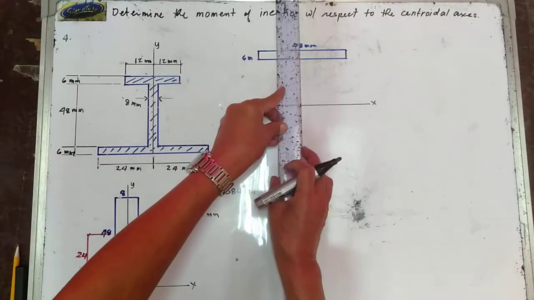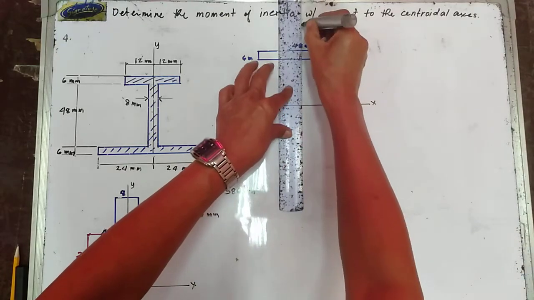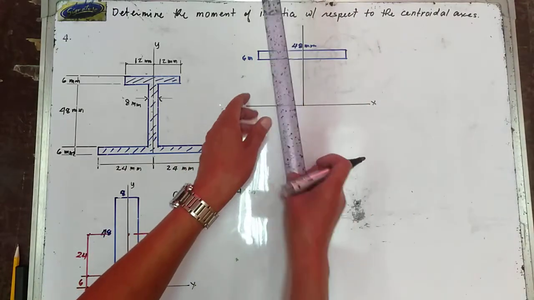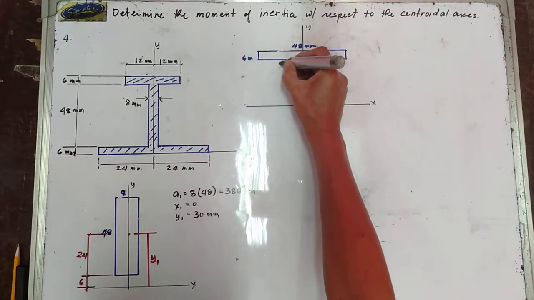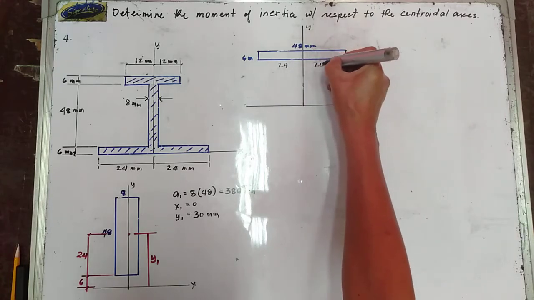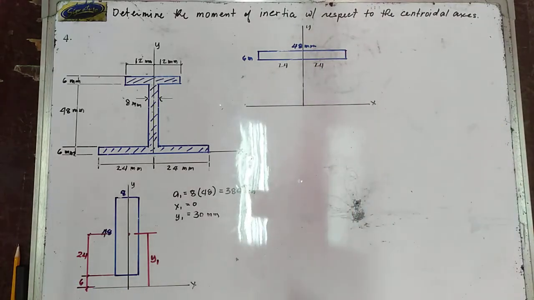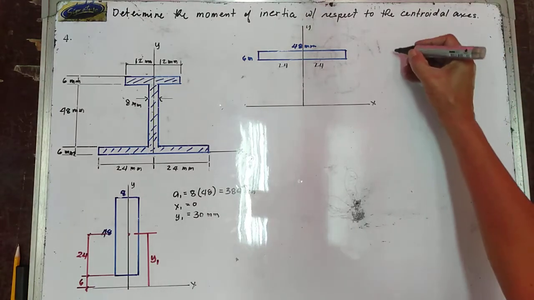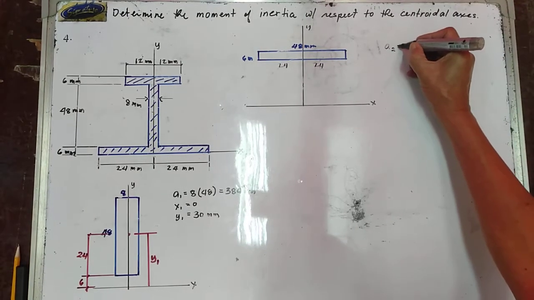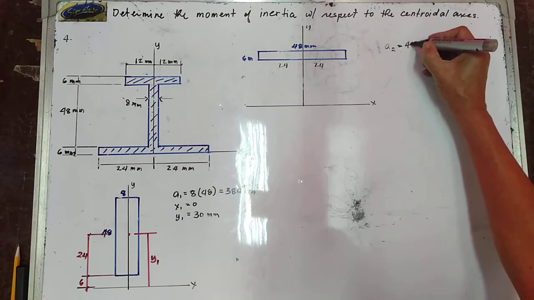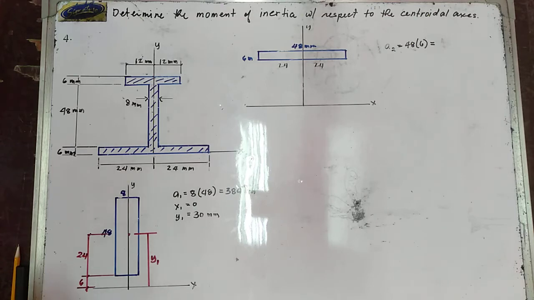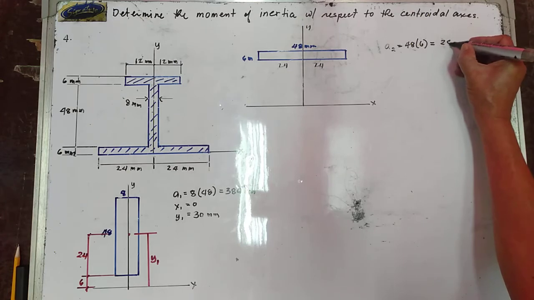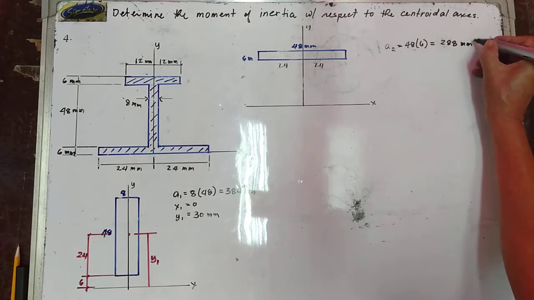And at the center, of course, the y-axis. This is 24, and that one is 24. So we have your area 2 is equal to 48, multiplied by 6, and this is equal to 288 square millimeter.